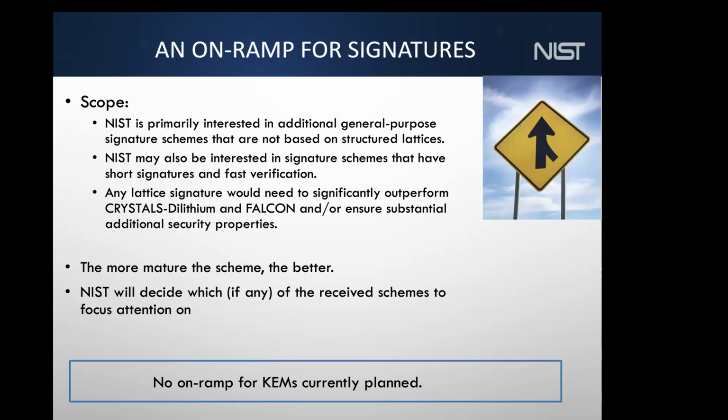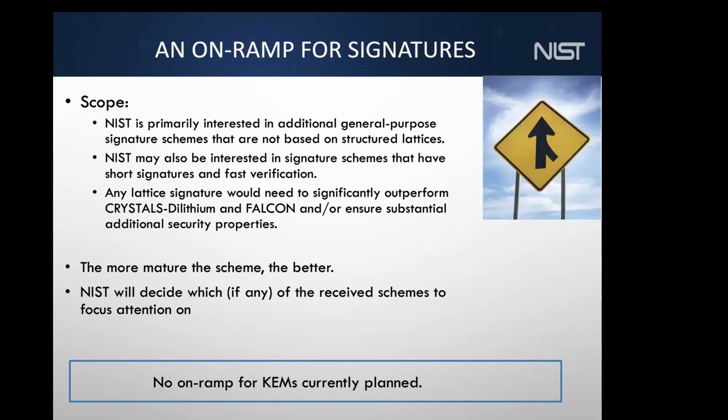Now, we also have started some future standardization work, which we call the on-ramp for digital signatures. So we selected three signatures for standardization. We have signatures which we're very happy with. Dilithium and Falcon are both based on lattices. And what we would like, when we looked at this, is we wanted to have another general purpose digital signature algorithm that's not based on lattices.